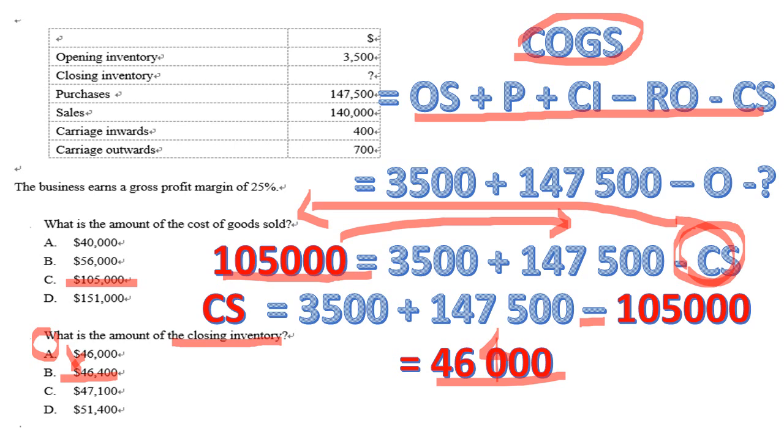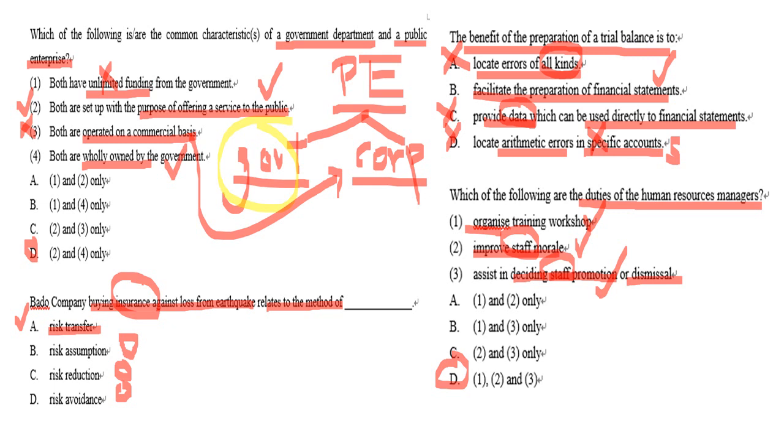Next question, about government department and public corporation. You should be aware that firms are divided into private enterprise and public enterprise.